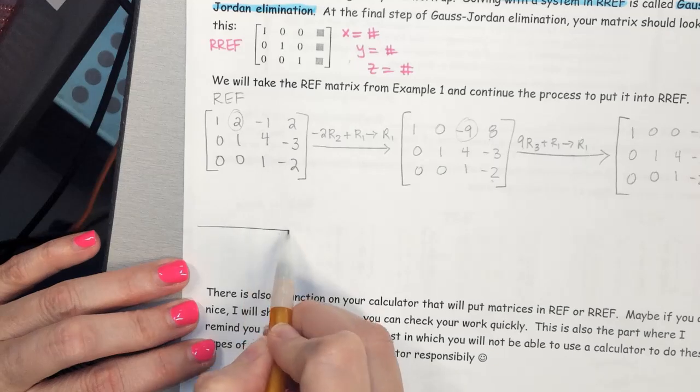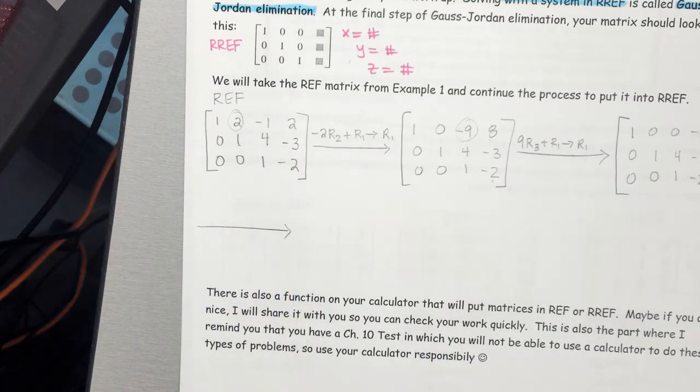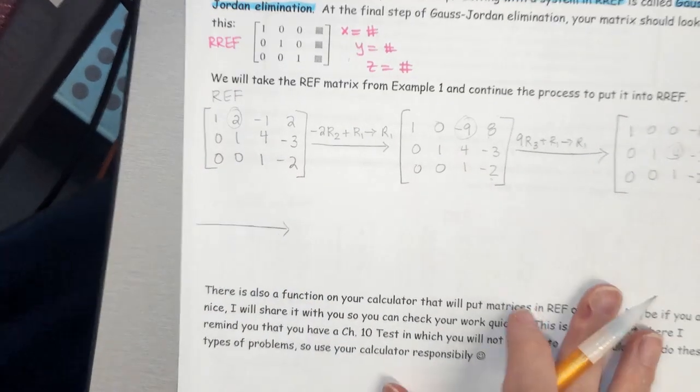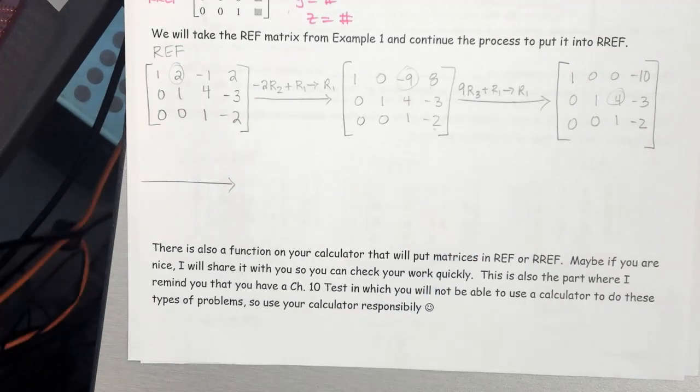Then we have one more thing to do, and that's to make that a 0. See if you can write the rule for me.